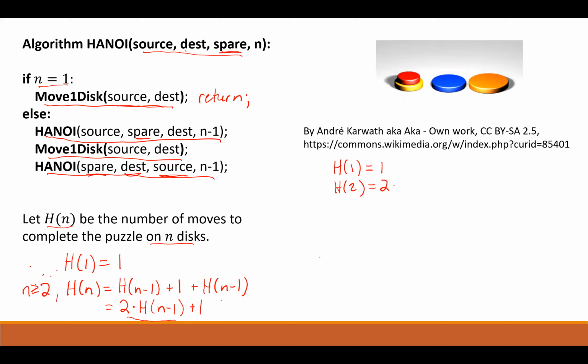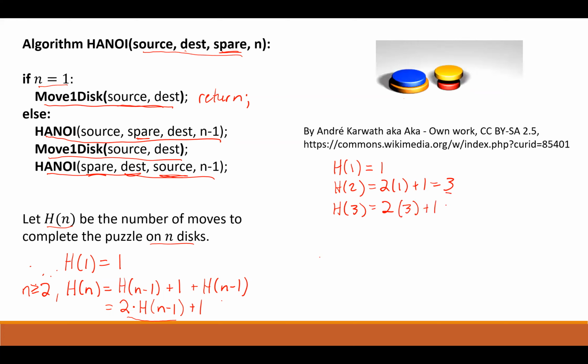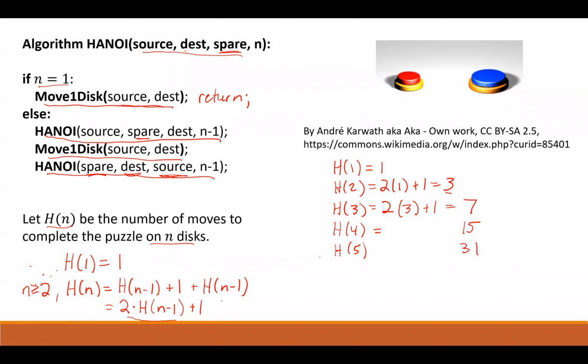So that's 2 times 1 plus 1 is equal to 3. h of 3 is equal to 2 times h of 2, which is 3, plus 1, which is 7. h of 4 equals 2 times 7 plus 1, so that's 15. h of 5 is 31. So the pattern I'm going to guess here is that the closed form h of n is equal to 2 to the power n minus 1.